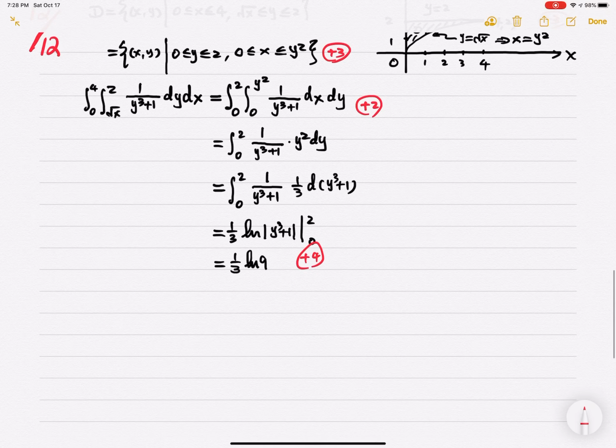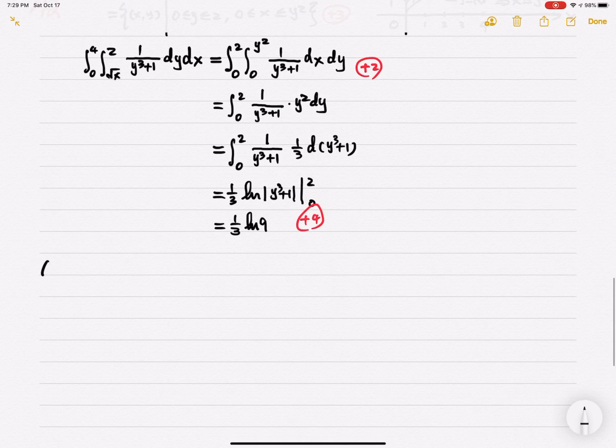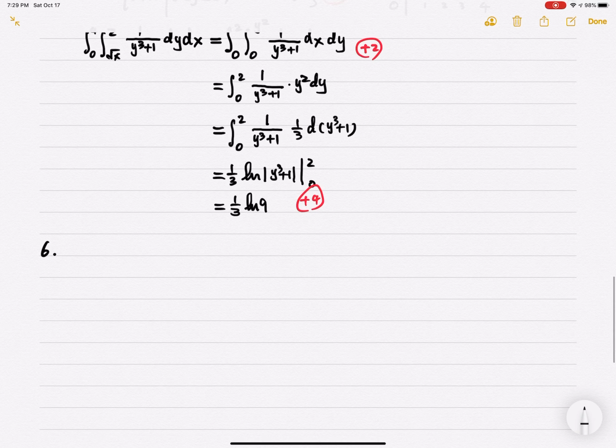Okay, then let's see, problem number 6. Okay, so first of all, we are given two curves.